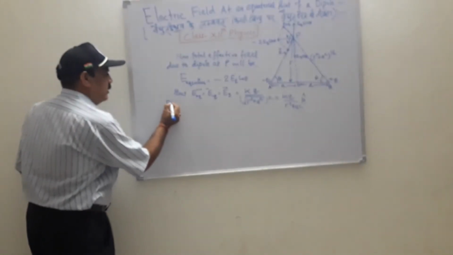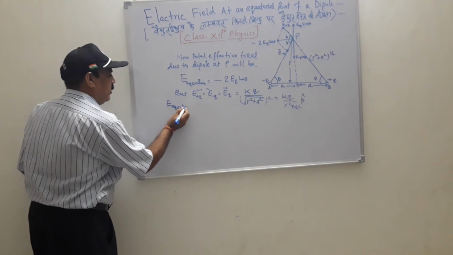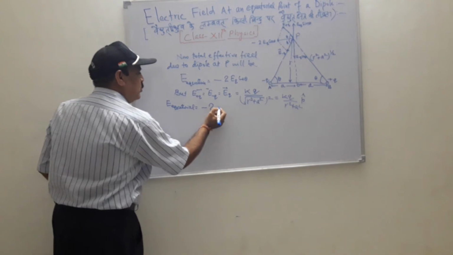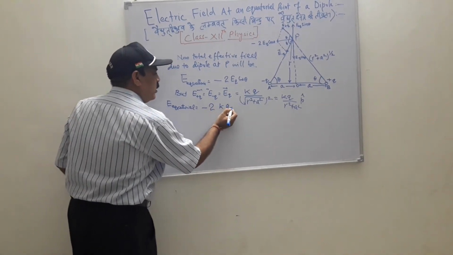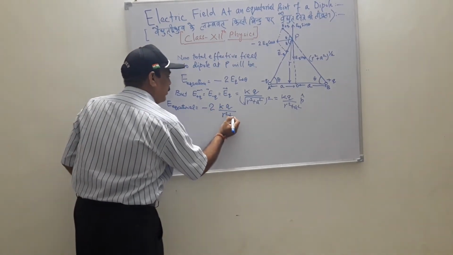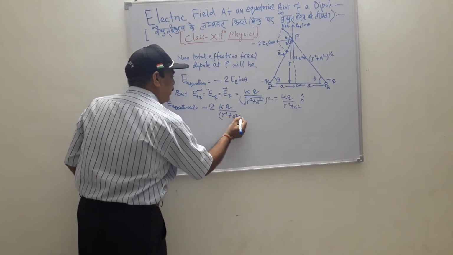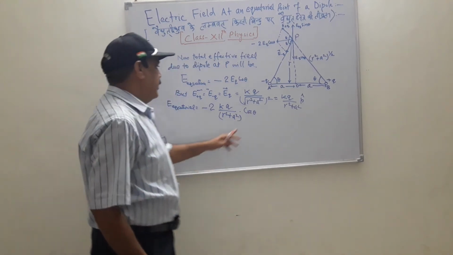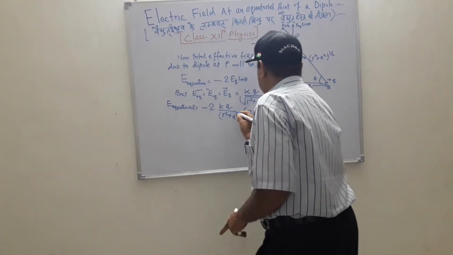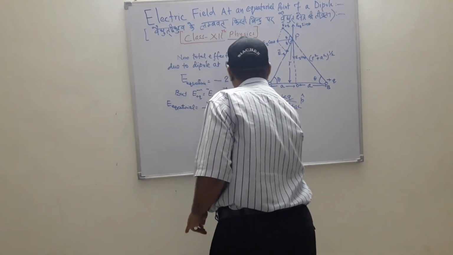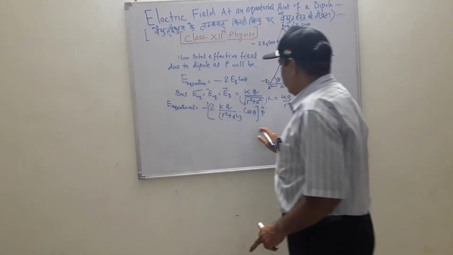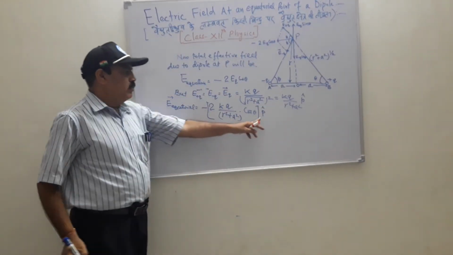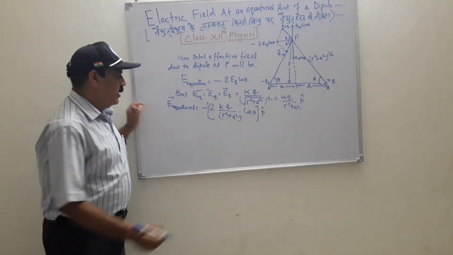Now E equatorial will be equal to negative 2 KQ upon r square plus a square into cos theta, and in vector form this is multiplied by p cap.